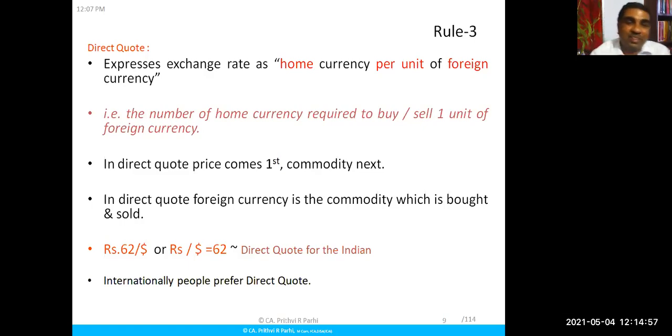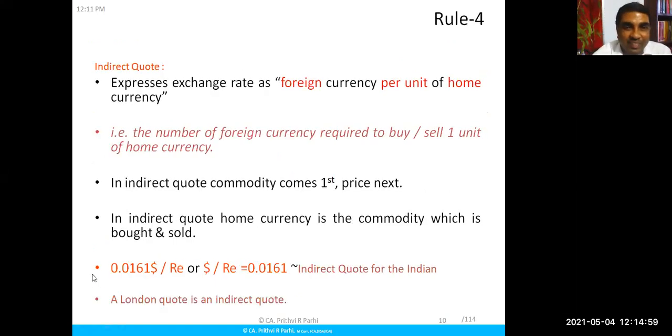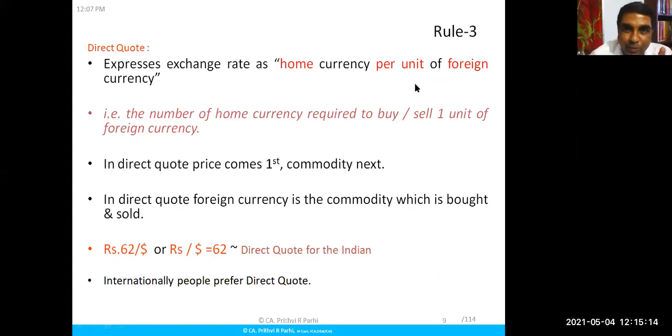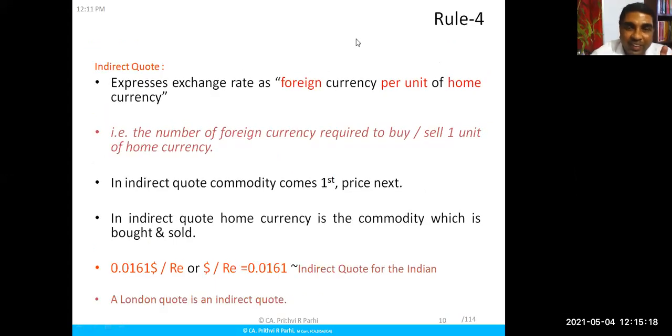Now let us see what is indirect quote. Now this is our rule 4. What is indirect quote? It expresses exchange rate as foreign currency per unit of home currency. I'll show you first of all direct quote, home currency per unit of foreign currency. But you see indirect quote, foreign currency per unit of home currency.